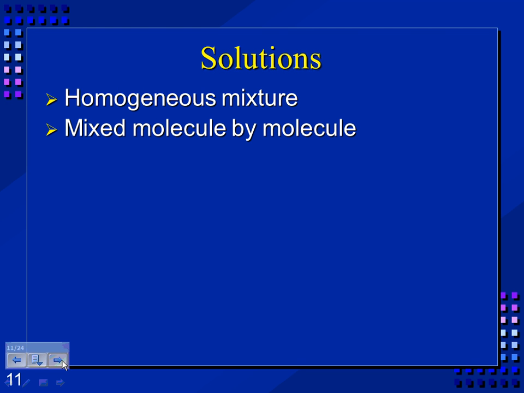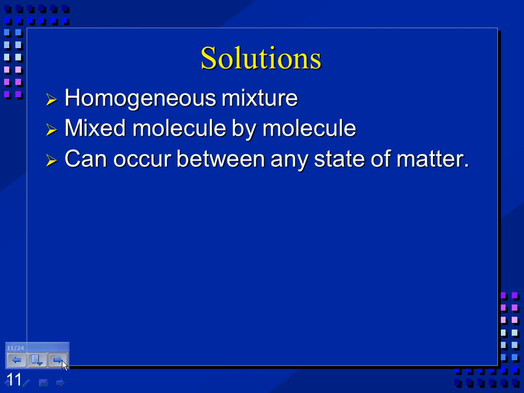I said we're going to use Kool-Aid as our example, but it could be like a brass instrument. So we've got two solids that were melted and then mixed together and are still there. And then you can think of just air. There you've got a gas and a gas.